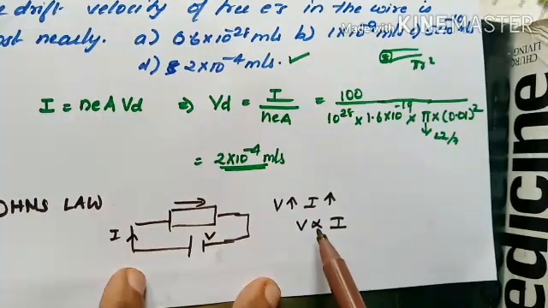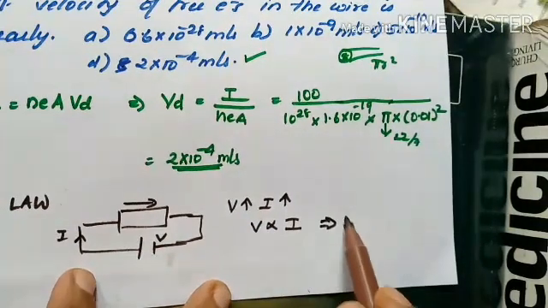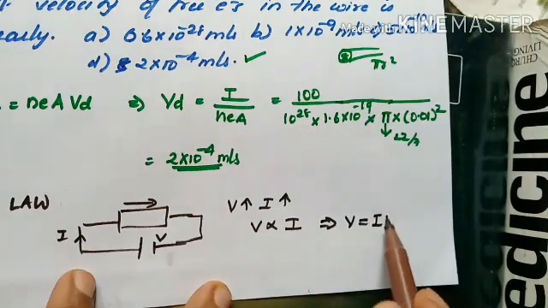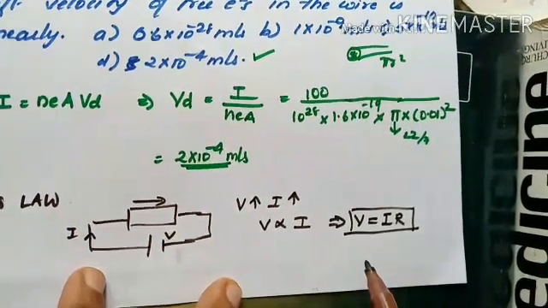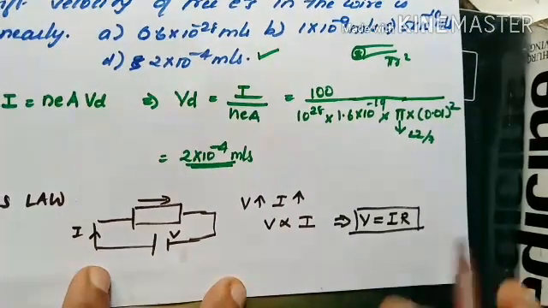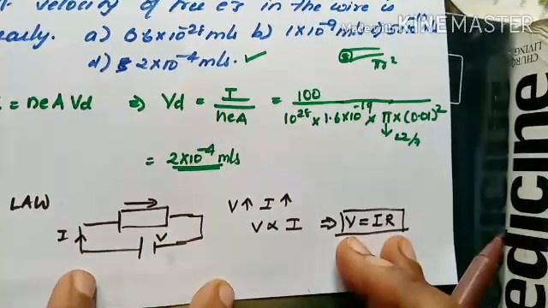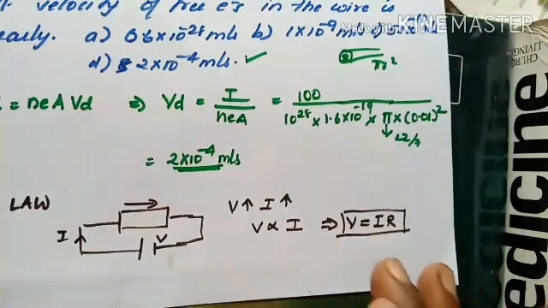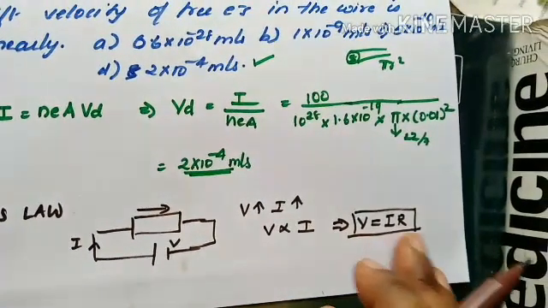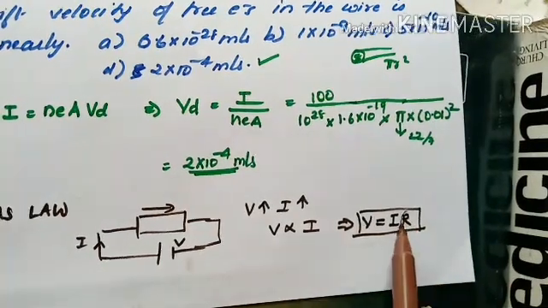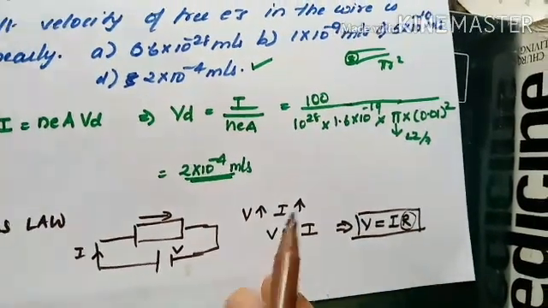In order to remove this proportional sign, we include a constant term which is resistance. So Ohm's law's equation is V is equal to IR. Right, this much you know. It's a very simple equation which you have been learning for the last 3 years, I believe. So V is equal to IR. The constant term which you are including is known as resistance.